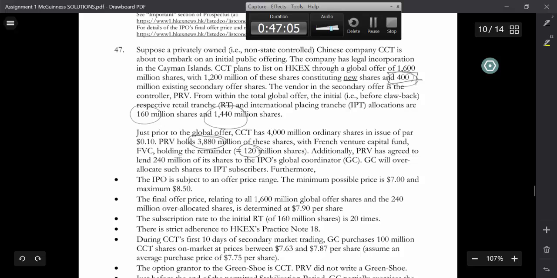Now, why 240? I see. That is 15% of 1,600, is it not? So that is the over allocation. They all come from PRV. So like we were discussing earlier, there is nothing, whether it's fair or unfair. So PRV is happy and wishes to sell these additional shares. Well, actually, now they're lending. GC will over-allocate.